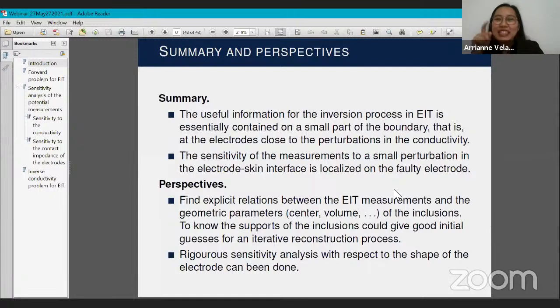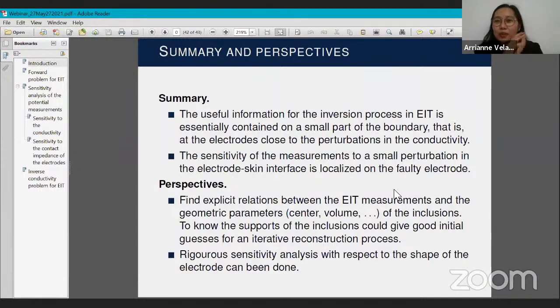Mostly the programming language that I use, because we consider irregular shape domains, like the thorax, and later on we will consider irregular shape perturbations. So I mostly use FreeFem++, a computing software developed by a French institute.